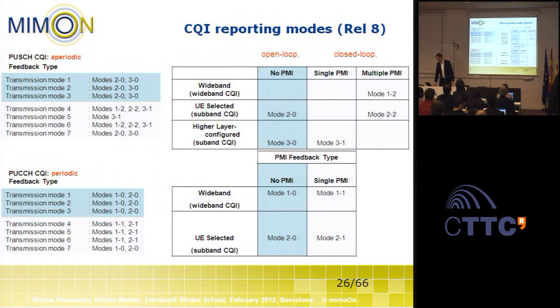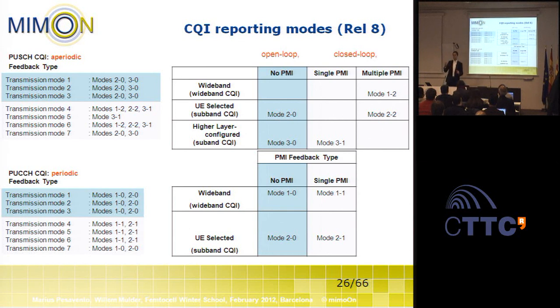So let me speak about different forms of reports that can be generated from the user equipment. There are different modes or different ways to report the channel quality in an LTE system. Some are used for open loop. In open loop, there's no precoding matrix signaled back to the transmitter.